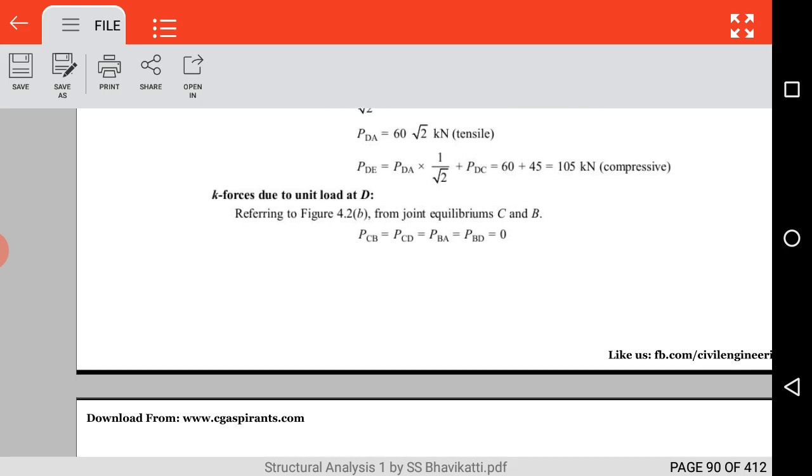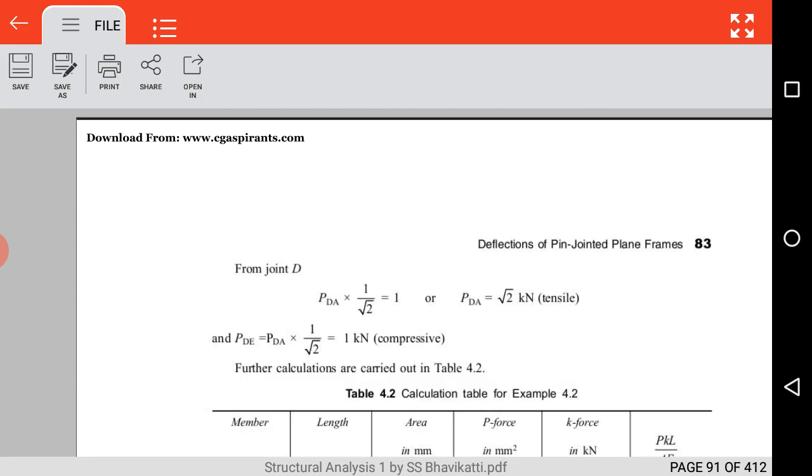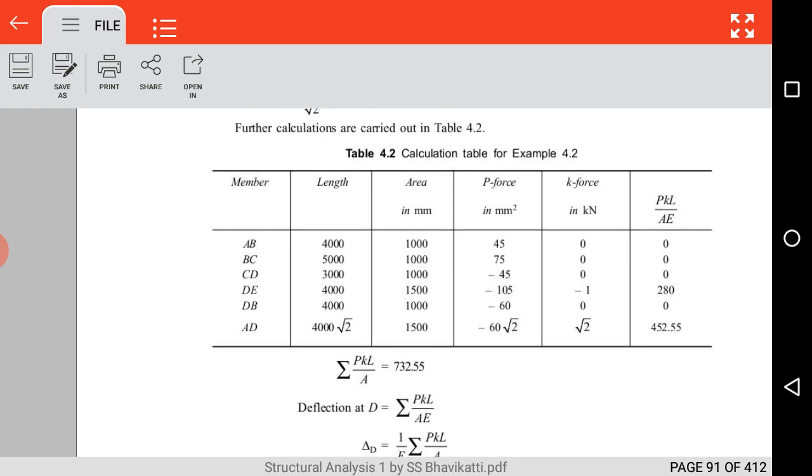The values will be tabulated in columns as shown over here. For the members AB, BC, CD, DE, DB and DA, lengths are given, areas are given, the forces in the members due to the external load, called the P forces, and forces in the members due to the 1 kilonewton load acting at the point D, that is nothing but the K forces.